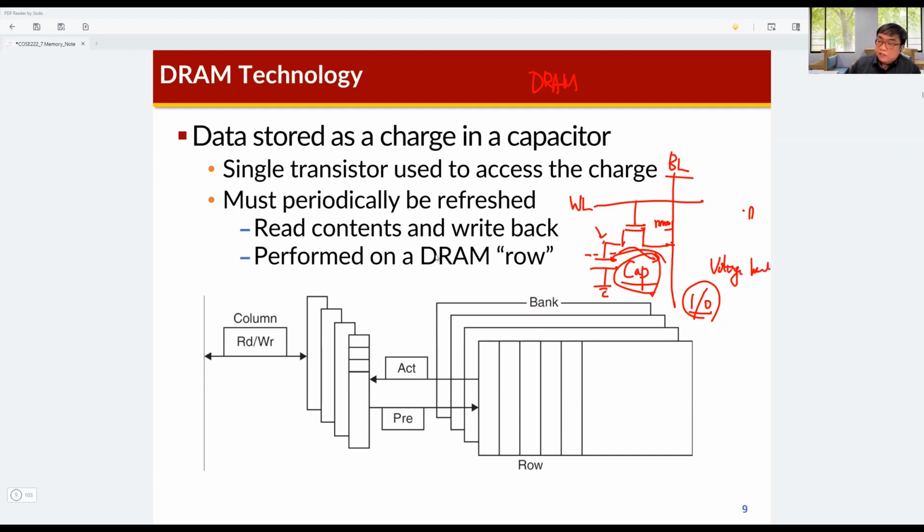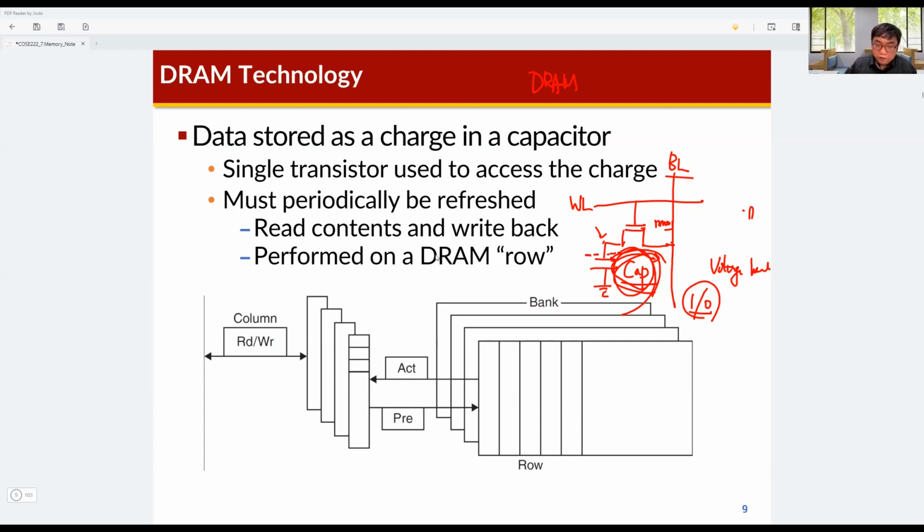Okay, so if the voltage is high, that means 1. If the voltage is low, that means 0. And this voltage is determined by the amount of charges stored in this capacitor. But these charges can be dissipated, so that means they are removed over time. So it is called dissipated.